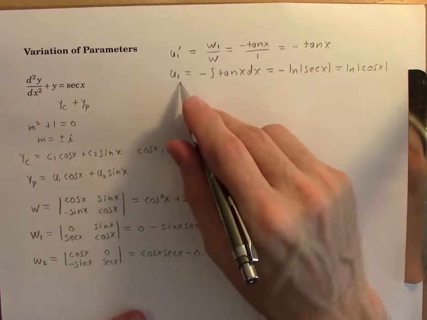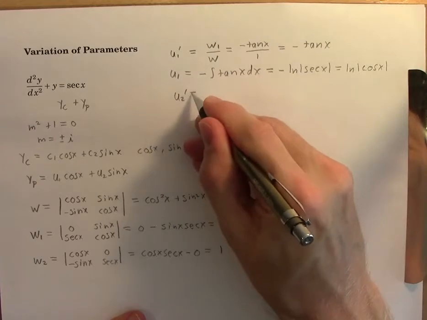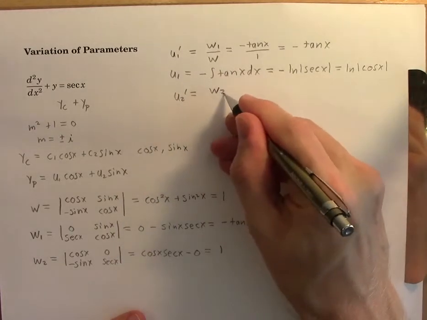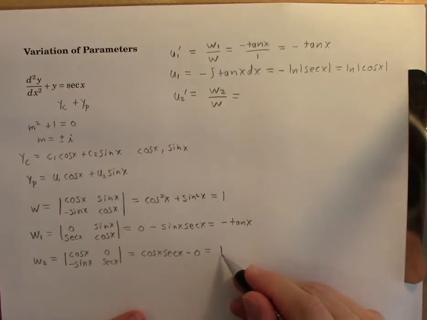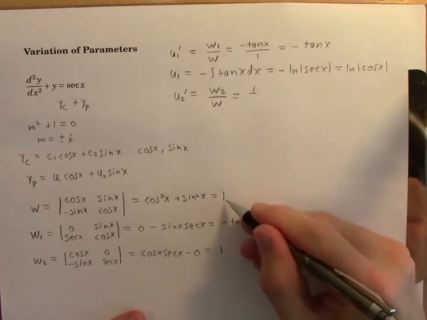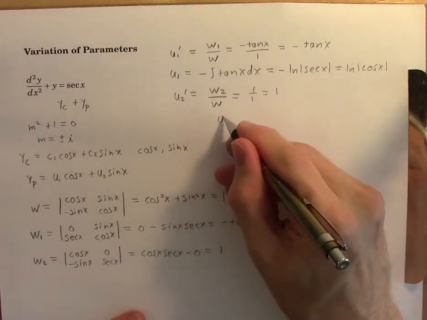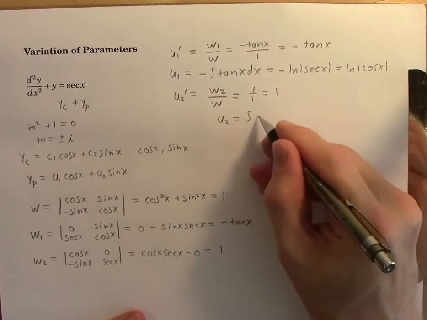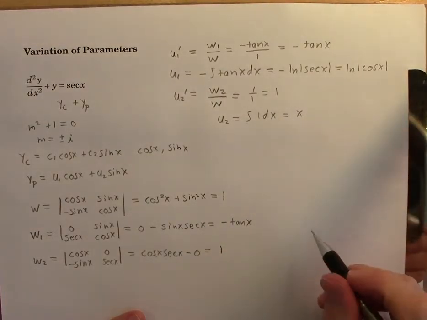So that takes care of u1. Let's go on to u2. And u2 prime is equal to W2 divided by W. So W2 is 1, and W is also 1, so we get 1 there. To solve for u2, we have to integrate the 1, and so that integrates to x.